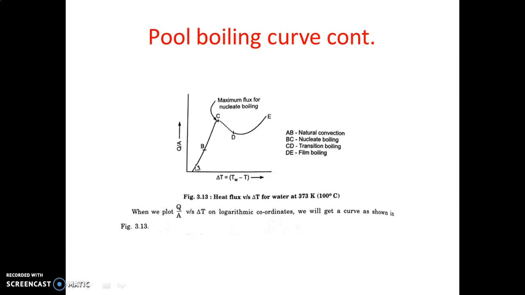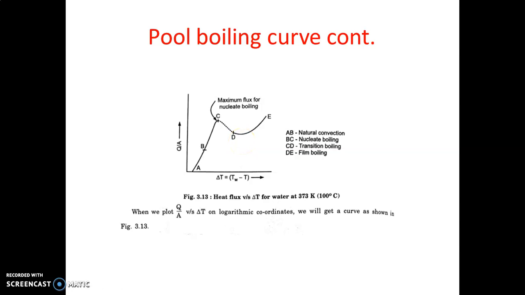If we increase the temperature drop, the heat flux decreases and it reaches the minimum point as shown in the figure, that is D. This CD is called transition boiling.